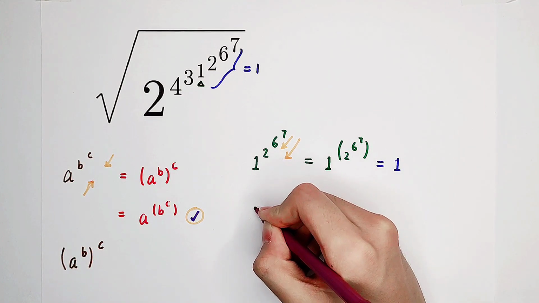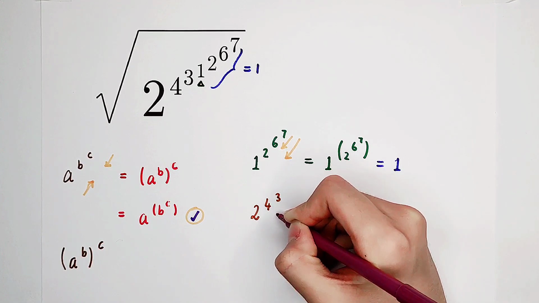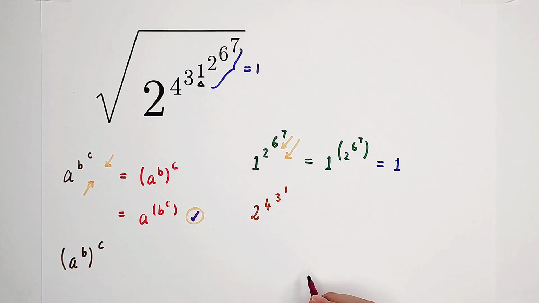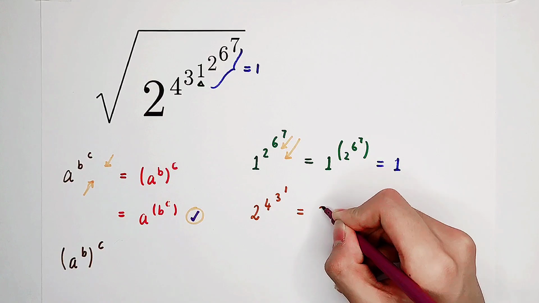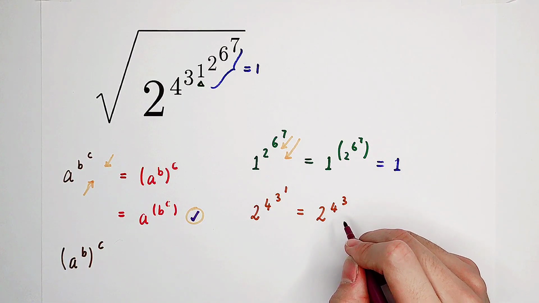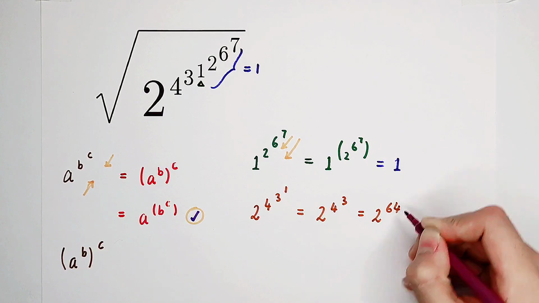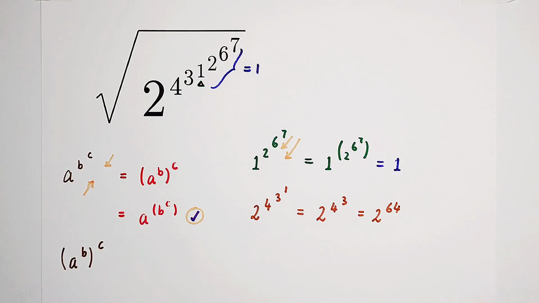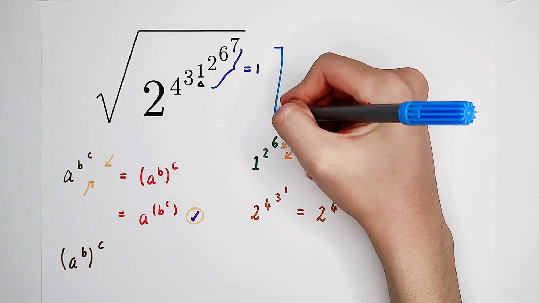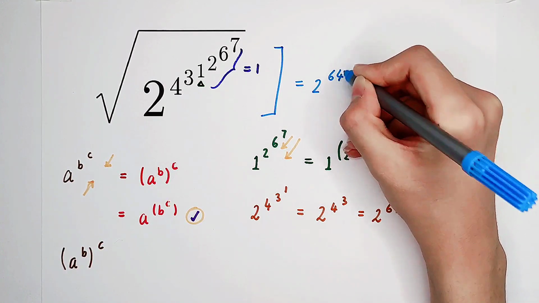Then we have to calculate 2 to the power of 4 to the power of 3, then to the power of 1. Of course, it is 2 to the power of 4 to the power of 3. And 4 to the power of 3 is 64. That means the total thing under the root equals 2 to the power of 64.